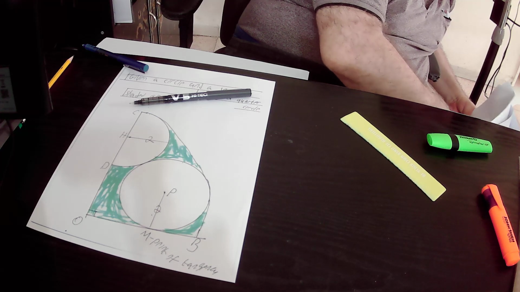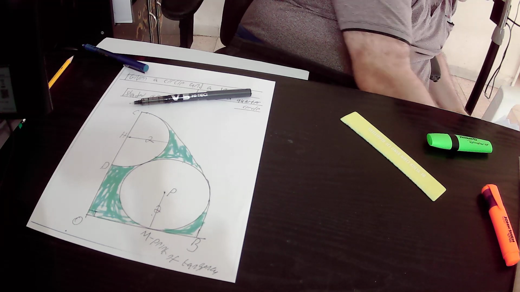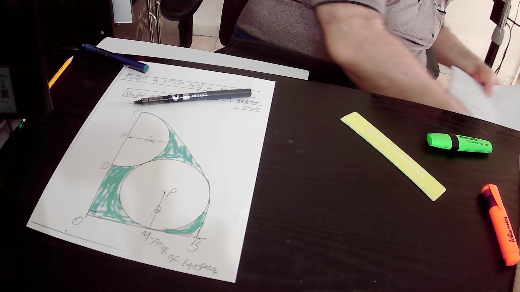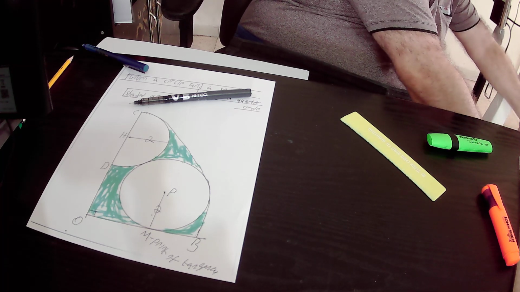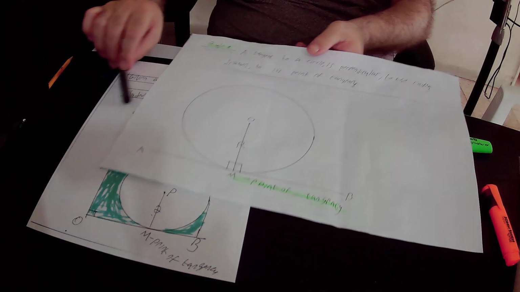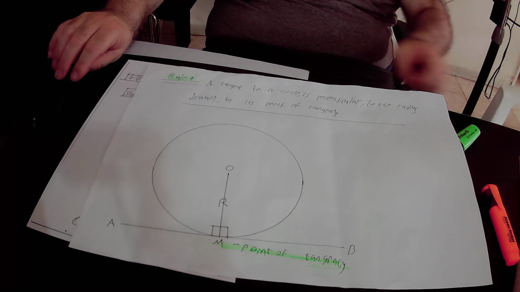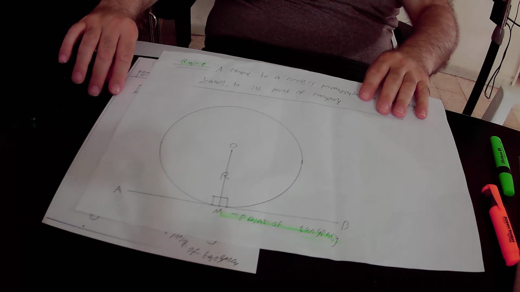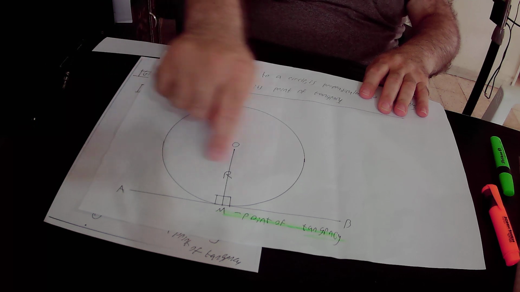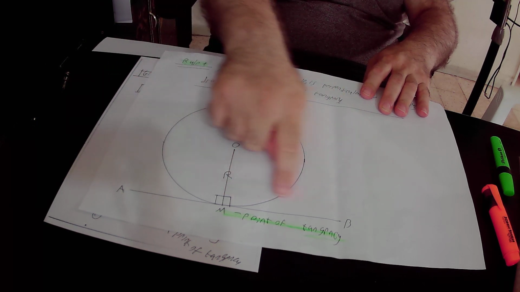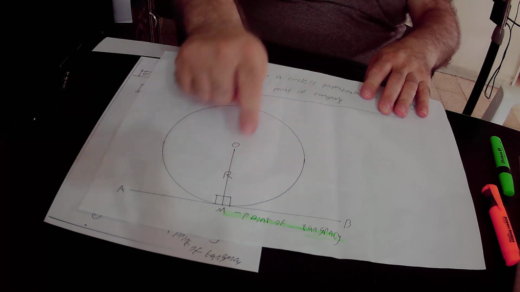Rule number 1. According to rule number 1, a tangent to a circle is perpendicular to the radius drawn to its point of tangency. So here we have tangent AB to this circle at point M. Point M is the point of tangency of AB with this circle.